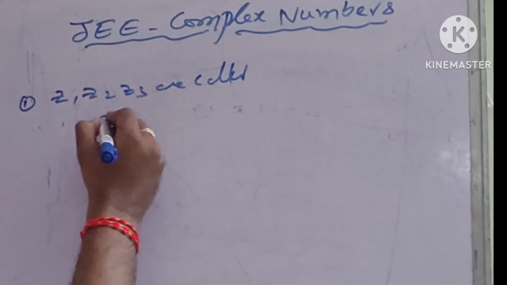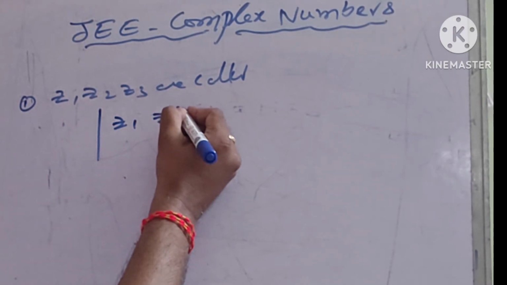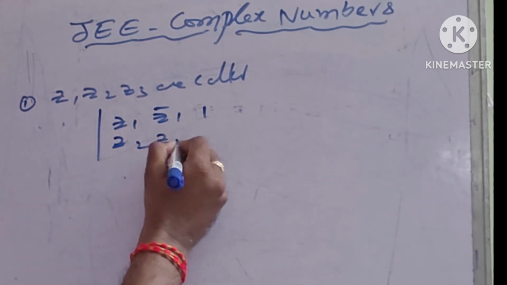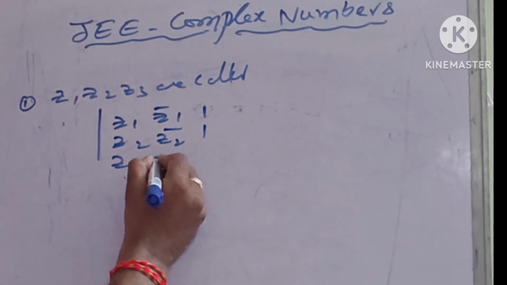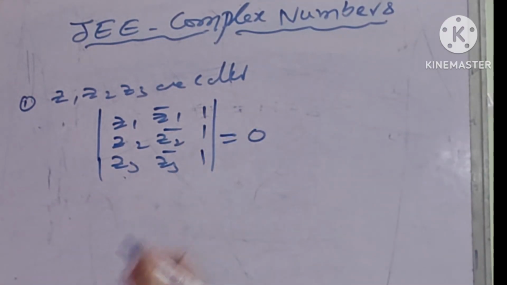Now, z1, z2, z3 are collinear. First, the determinant with rows z1, z1 bar, 1; z2, z2 bar, 1; z3, z3 bar, 1 is 0, then they are collinear.